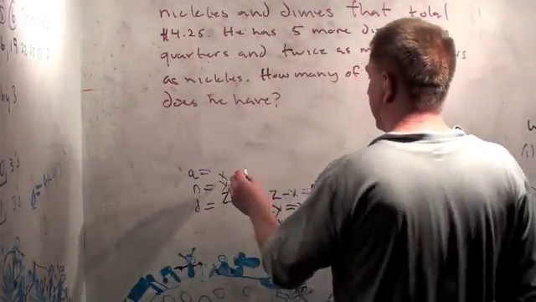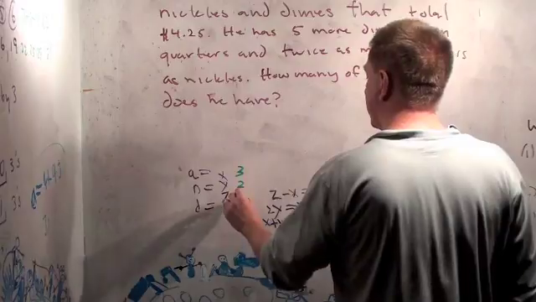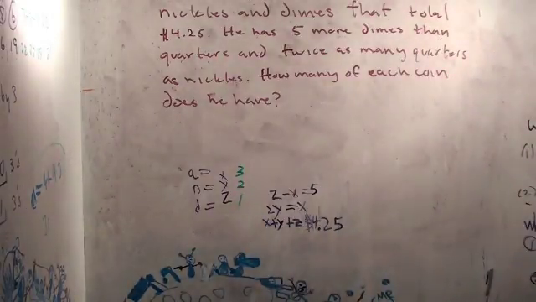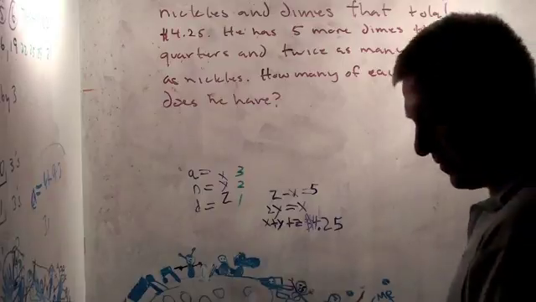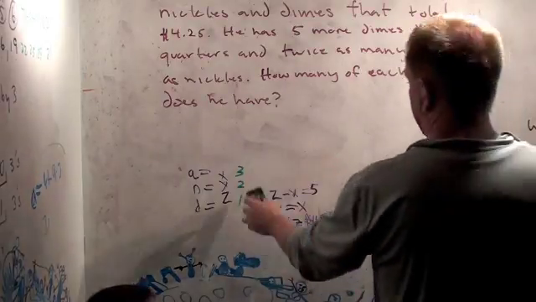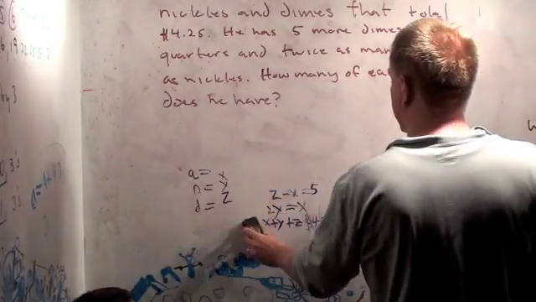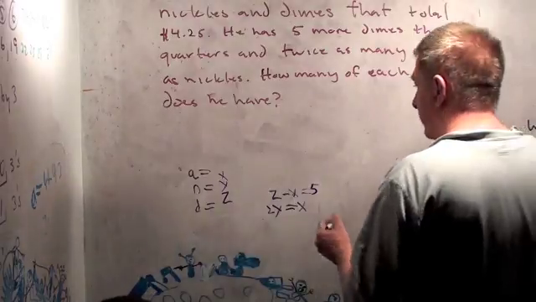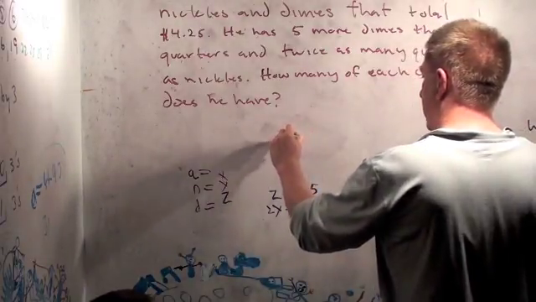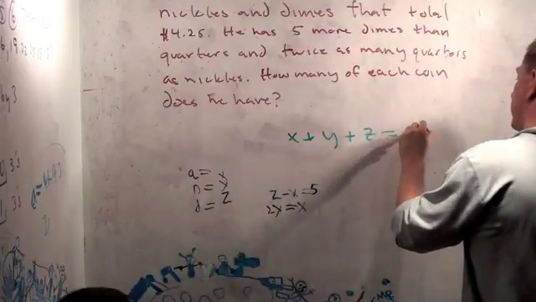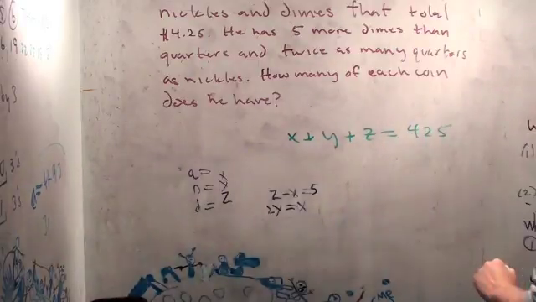So he might have 3 quarters, 2 nickels, and 1 dime. That adds up to 6, not $4.25. I just made that up, but this equation's not right. X is the number of quarters, so X plus Y plus Z doesn't equal $4.25. I'll do it in cents.